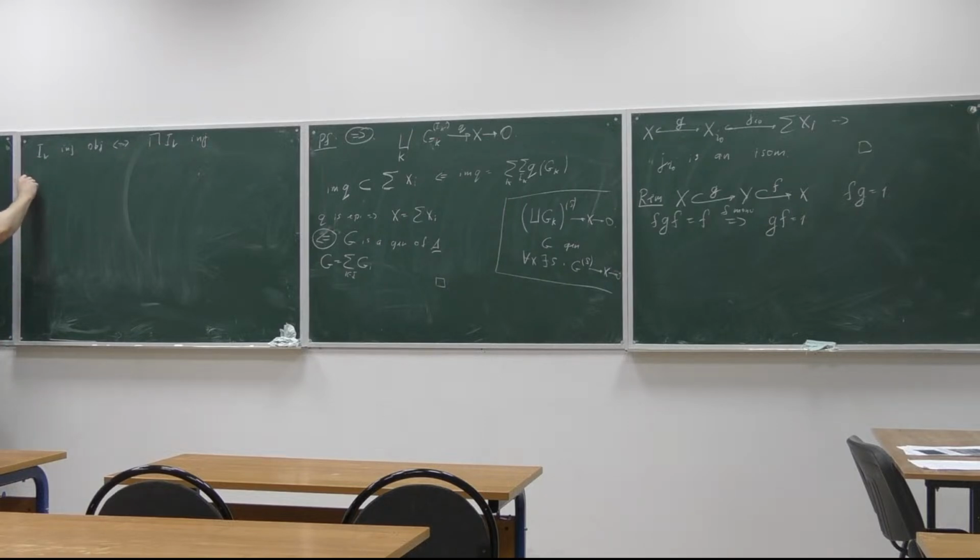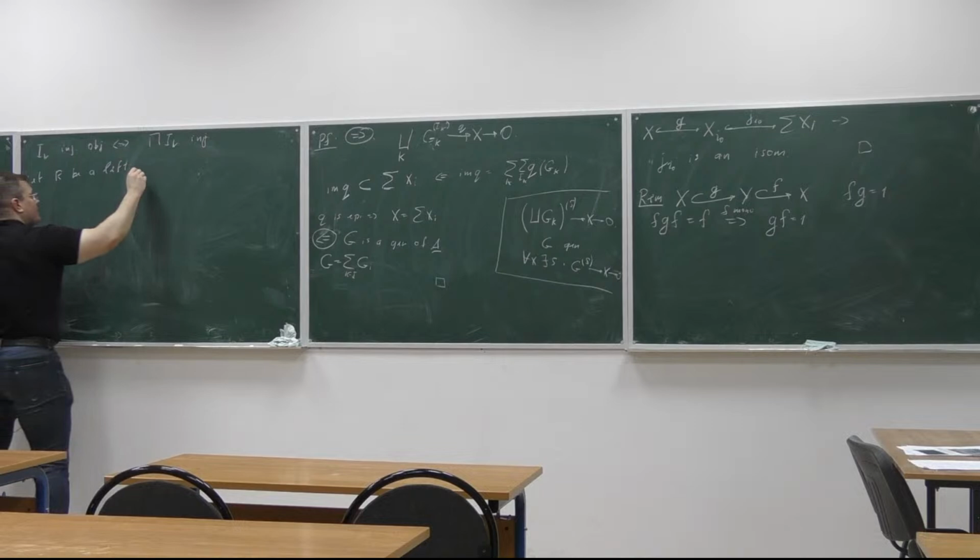So for modules, let R be a left Noetherian ring.